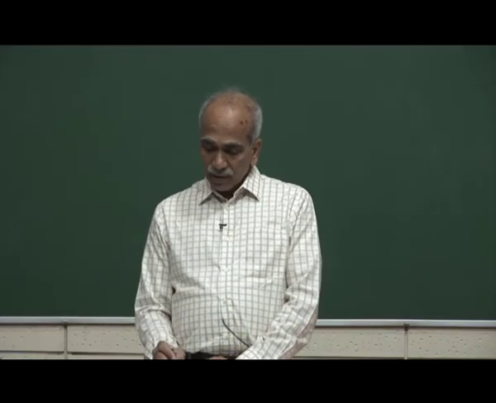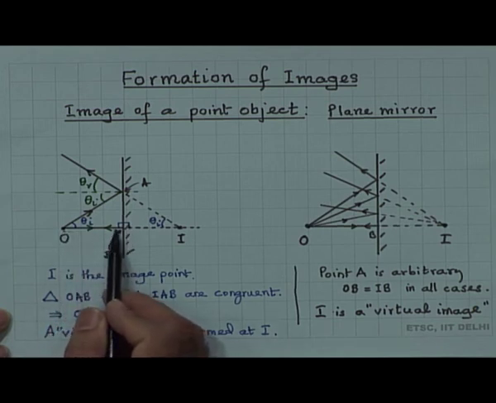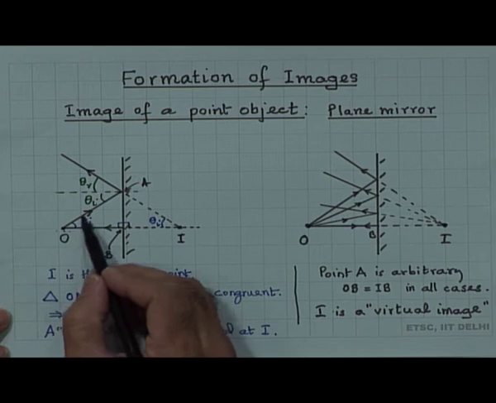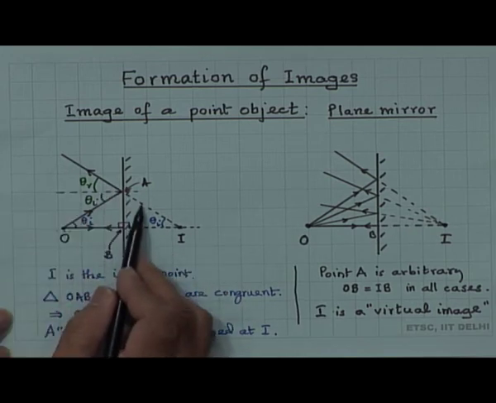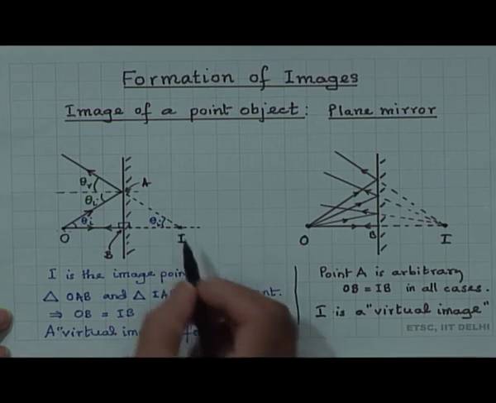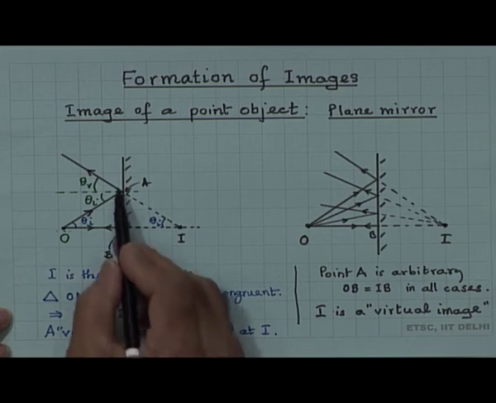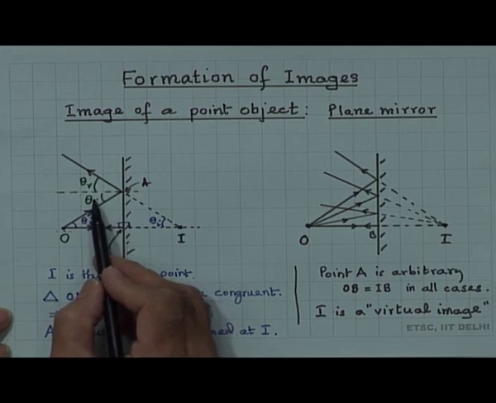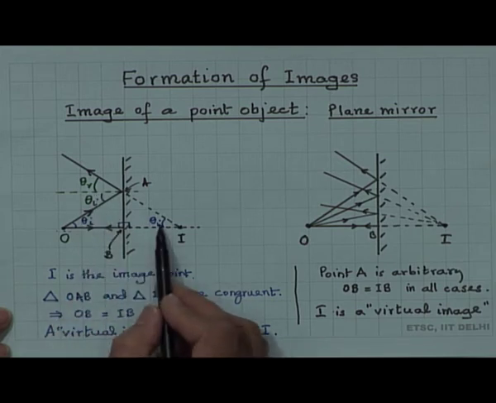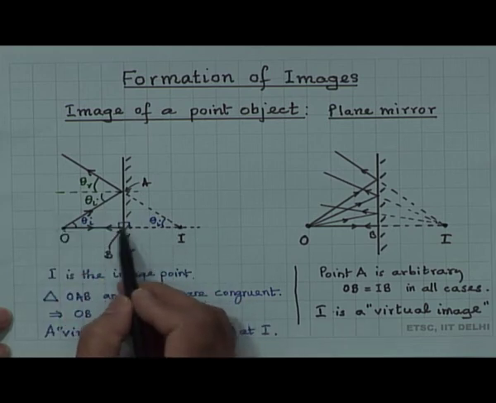So, we see the object O here. The incident ray normally will be reflected back, and the ray which is incident at an angle will be reflected here. If we take this back, then it intersects at a point I. From the geometry here, we can clearly see that if this angle is theta I, the incident angle, then this is theta I and this is theta I, and this is 90 degrees.